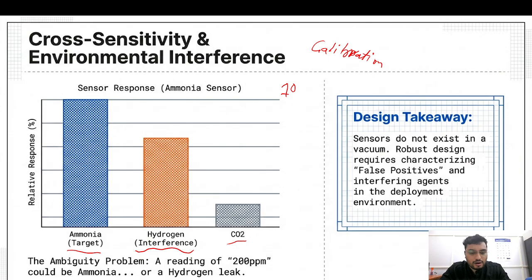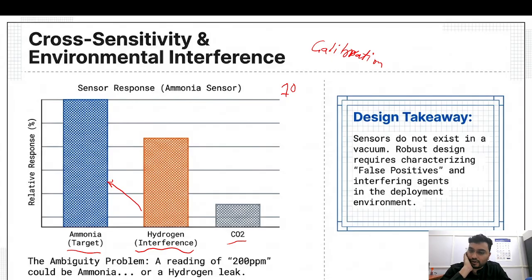If you have a tiny amount, a few ppm of hydrogen, it will also make some problem detecting the ammonia. This is an ambiguity problem, where a reading of 200 ppm could be ammonia but a hydrogen leak as well.